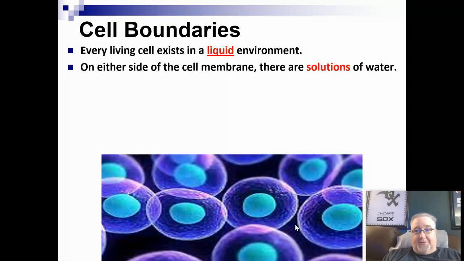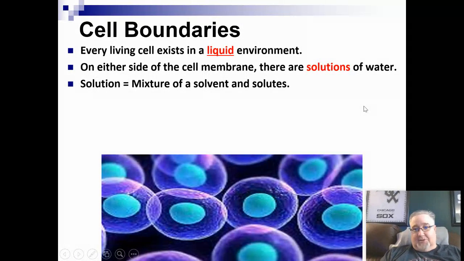There's water on the inside of the cells and water on the outside. Your blood cells, like your red blood cells and white blood cells, are floating in a liquid called plasma. Plasma is basically water, with some other things in it too. Your red blood cells have water in them, and they're floating in plasma, which is water as well. So you've got a lot of water around cells.